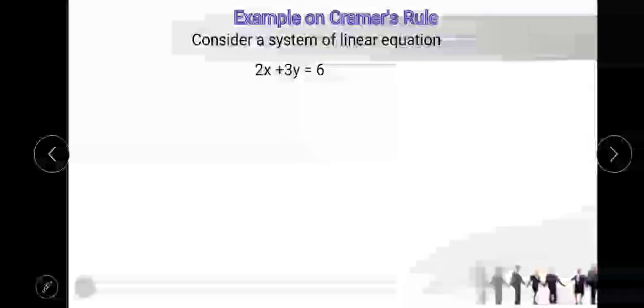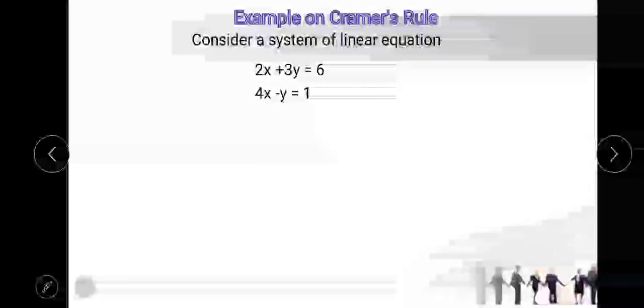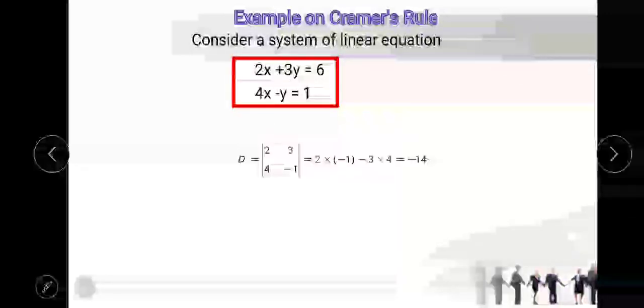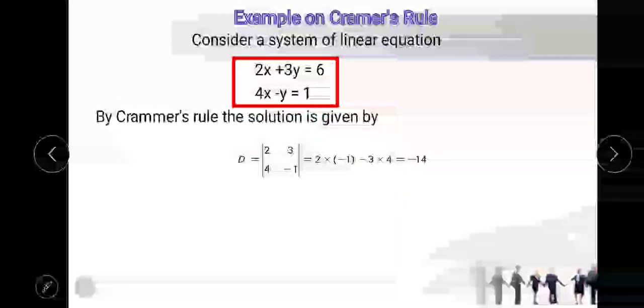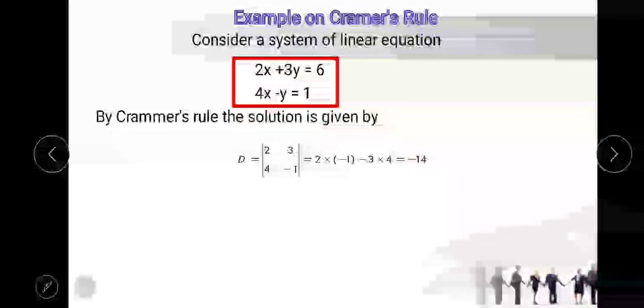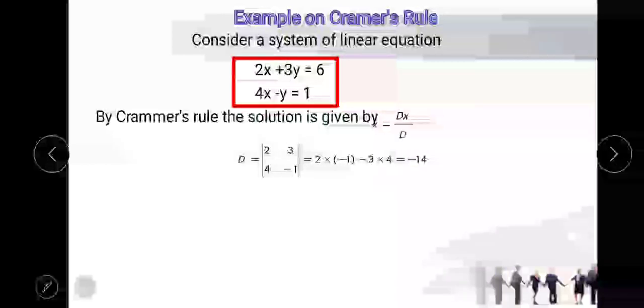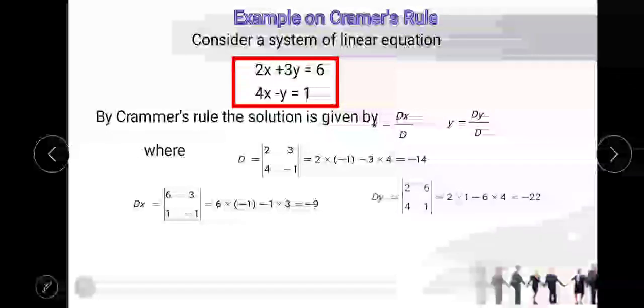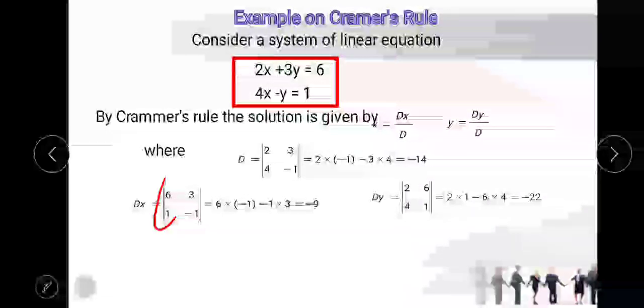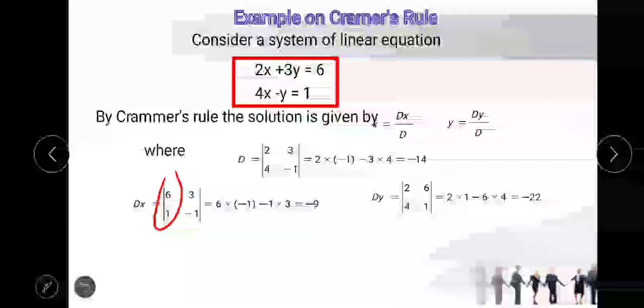So we have a system of equations 2x plus 3y equal to 6, 4x minus y equal to 1. Here d will be nothing but the determinant of the coefficient matrix, that is 2, 3, 4, minus 1, whose value comes out to be minus 14 after calculation. Then for dx, just replace the first column by the constants on the right hand side, that is 6, 1, in the above determinant.